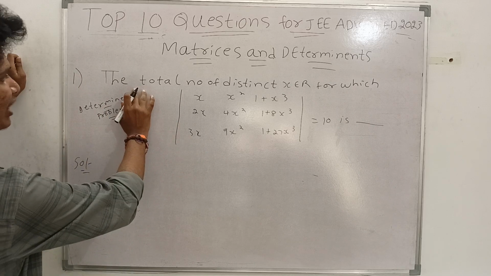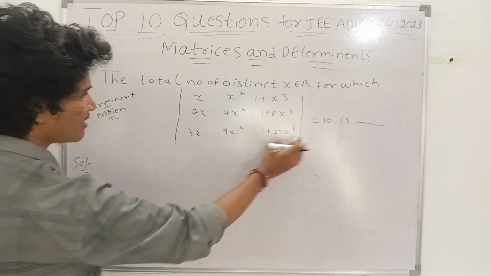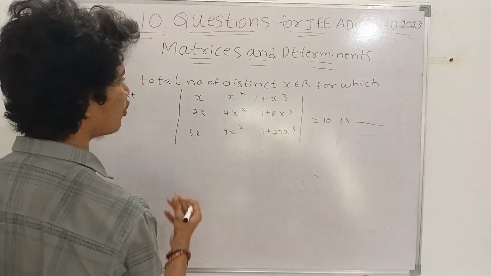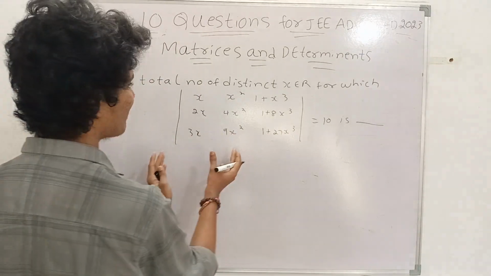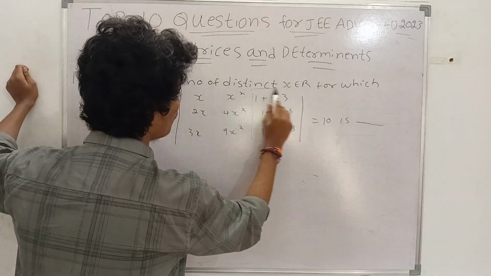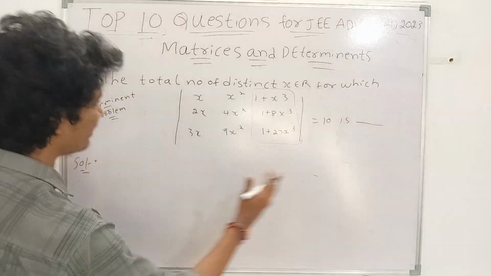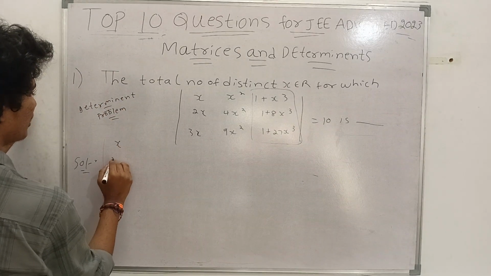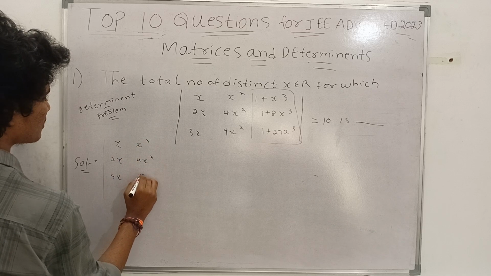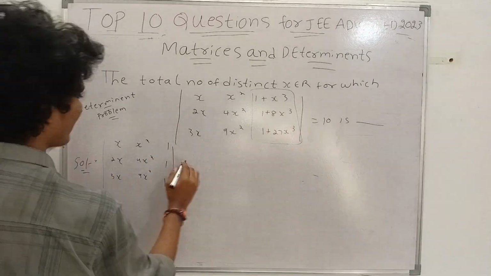The first question is the total number of distinct values of x for which this determinant is equal to 10. So we have to solve this determinant and report the distinct values of x for which this value is equal to 10. First, by observing these columns, we can easily implement the approach, that is by separating the determinant: x, 2x, 3x, x square, 4x square, 9x square and 1, 1, 1, distributing like this.